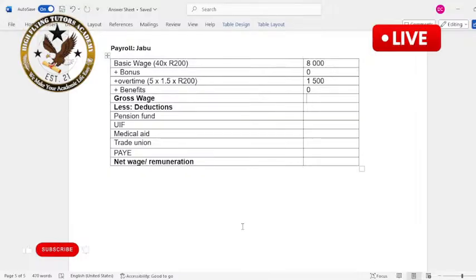Let's all participate so that we can finish quickly. 9,500.